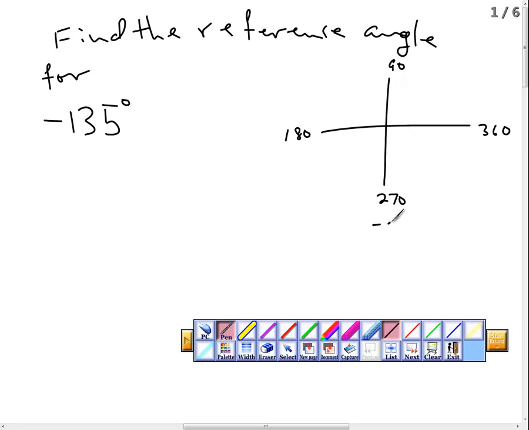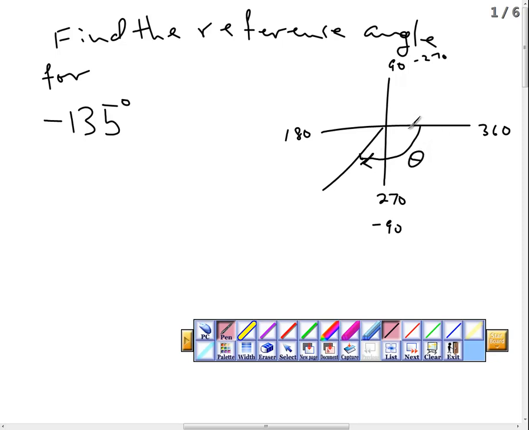So this would be like negative 90, negative 180, negative 270. So this actually puts us in quadrant... Do you go before or after 180? Since it's a negative 135, that actually puts us in which quadrant? Sydney? Quadrant 3, right.